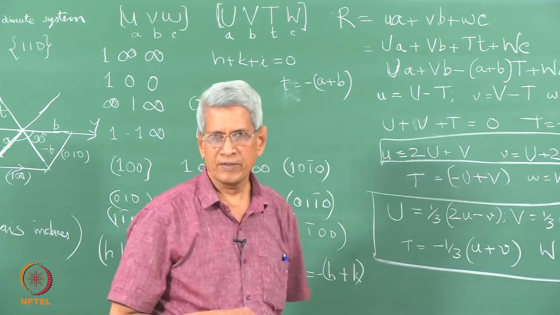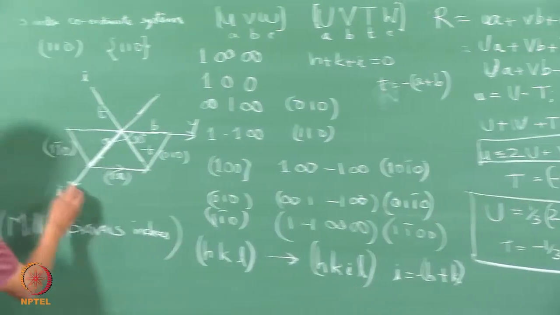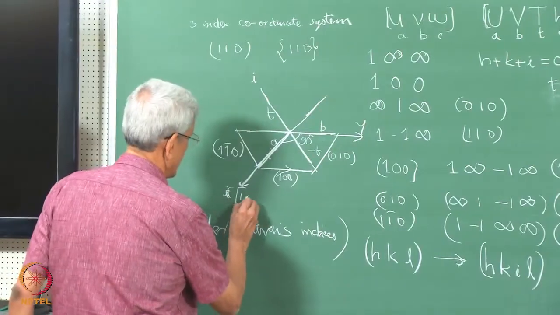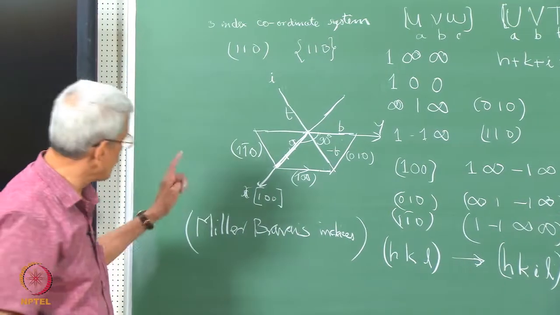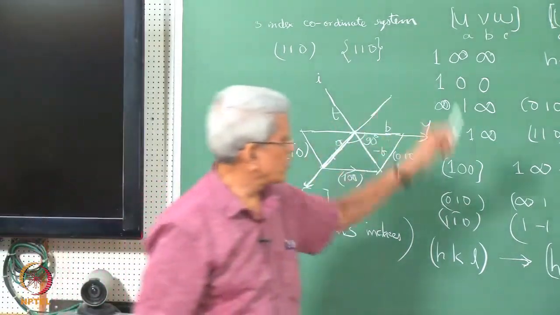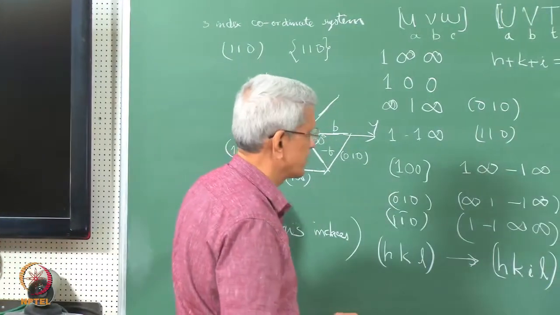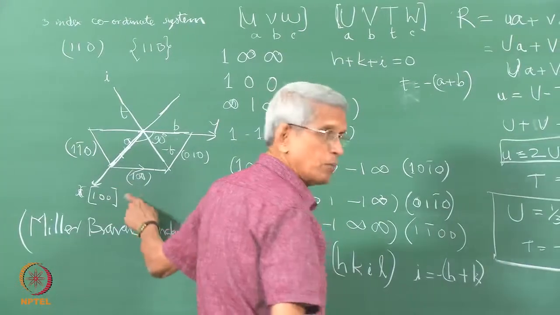Let us take a simple example. Suppose in this direction, it is 1 0 0, correct. For this direction, suppose we wanted to calculate, let us substitute this. V and w are 0.